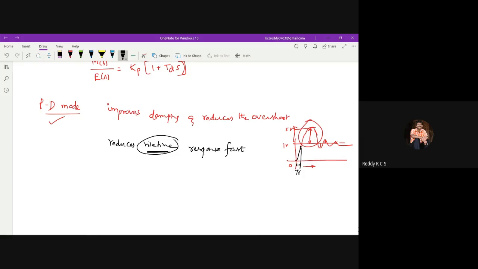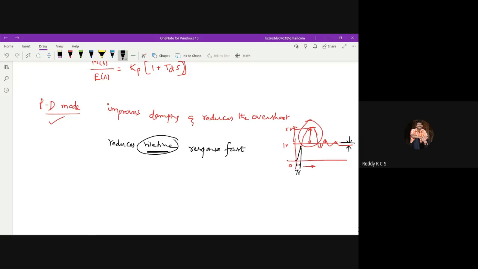One important problem here is that it cannot eliminate this offset error. That is the one disadvantage. But it improves the damping, reduces the overshoot, reduces the rise time, and the response is fast.